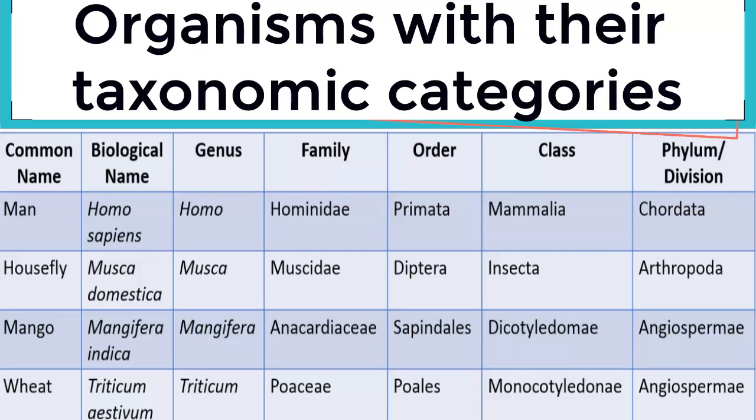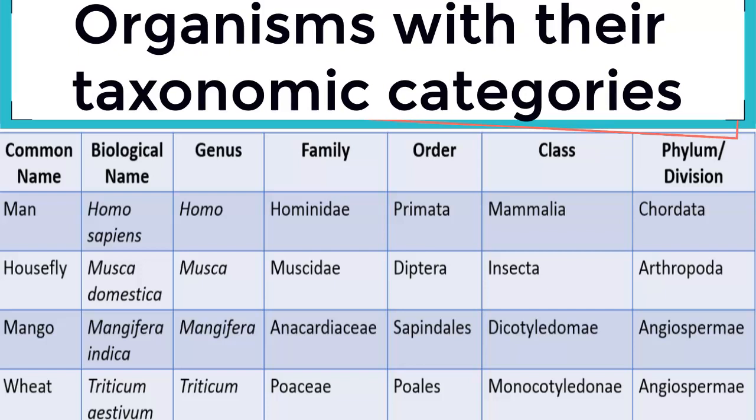Now, common name is wheat, biological name is Triticum aestivum. Triticum is the genus name, aestivum is the species name, and it belongs to the family Poaceae. Order is Poales, class is Monocotyledonae, and the division is Angiospermae.